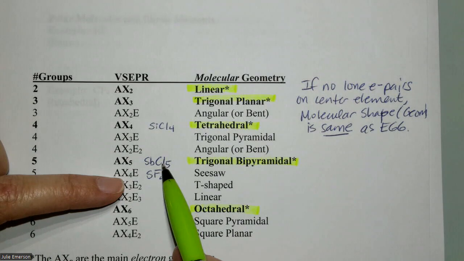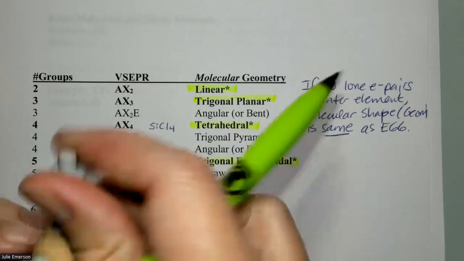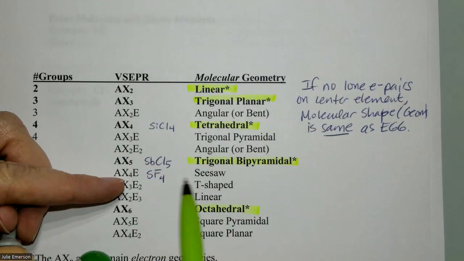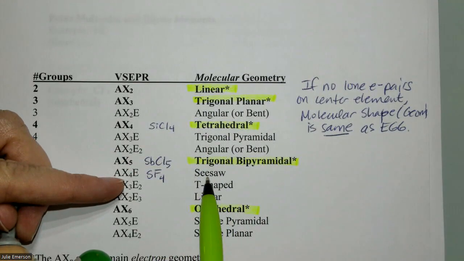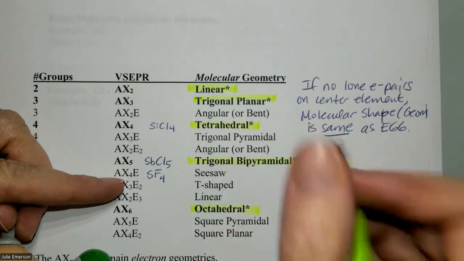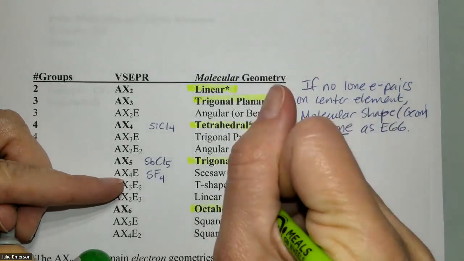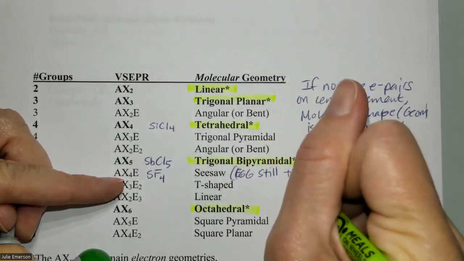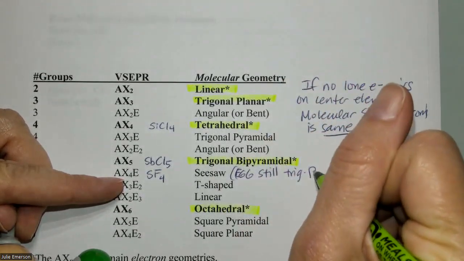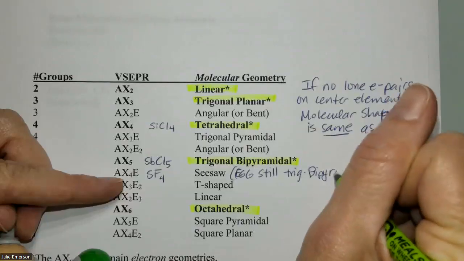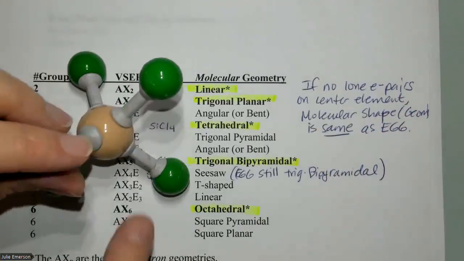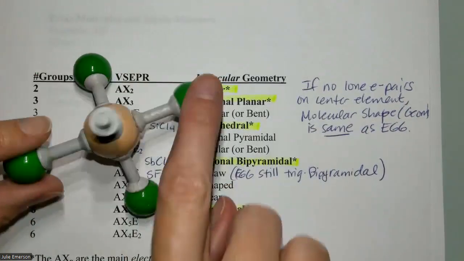So one of those bonding elements was replaced with the lone pair. So the distinction is with seesaw, the electron group geometry, right, the egg, is still trigonal bipyramidal. But the actual shape of the molecule is the seesaw.